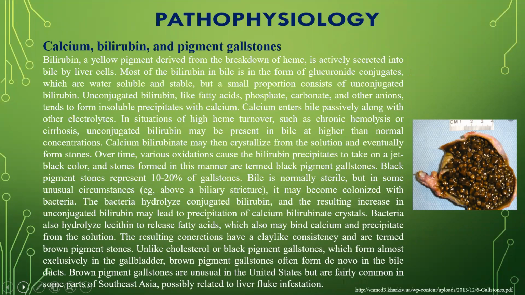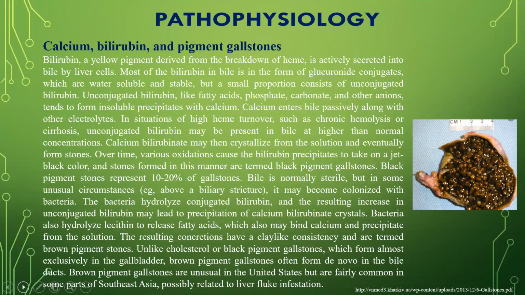Bilirubin is a yellow pigment derived from breakdown of the heme, and is actively secreted into bile by liver cells. Most of the bilirubin in the bile is in the form of glucuronide conjugates, which are water-soluble and stable, but a small proportion consists of unconjugated bilirubin.